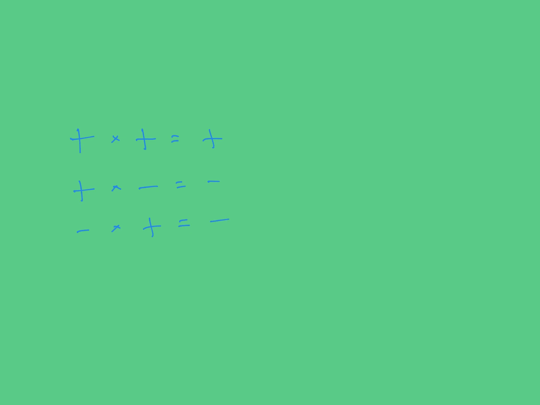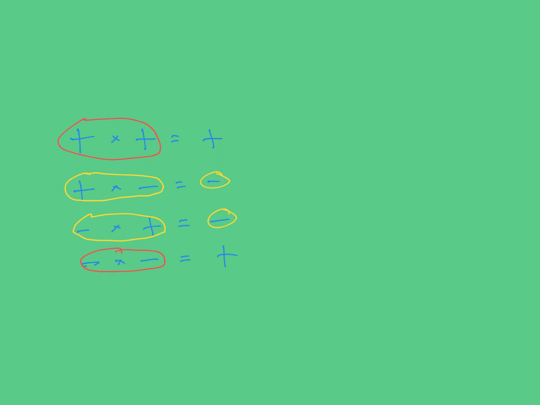Now, where it gets funny is once you have a negative and you multiply it by another negative, you actually go back to being positive. So one way to think about it is if both the signs are the same, you're going to have a positive solution. When you have one sign that's positive and one sign that's negative, your solution is going to be negative.